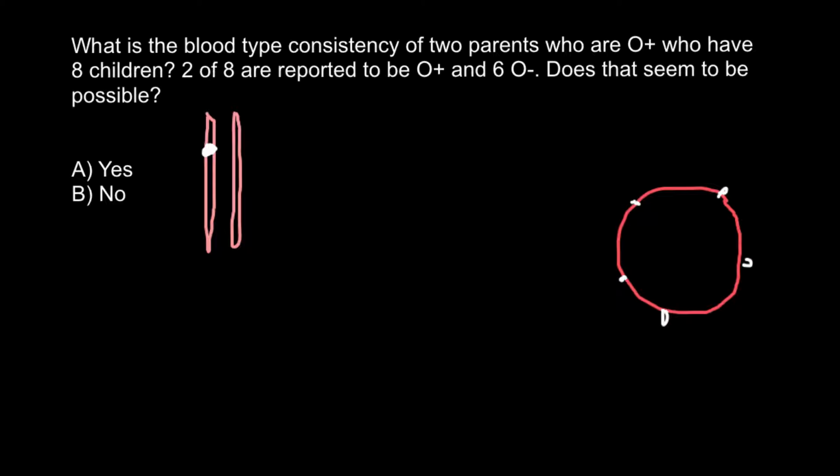For example, this is going to be positive, and on the other chromosome that we inherit from the other parent, it is going to be mutated. So this gene wouldn't produce normal protein, and this protein, due to change in its structure, wouldn't be able to make it to the surface of the red blood cell. It would stay inside of the red blood cell, and because it would be inside of the cell, it wouldn't trigger an immune reaction from the antibodies of the recipient.